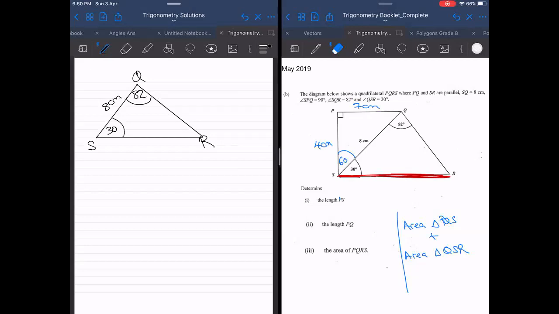I know that I can find the missing angle to see if that helps me with anything. We know that angles in a triangle come to 180 degrees. So 180 degrees must be the 82 plus the 30 plus QRS.